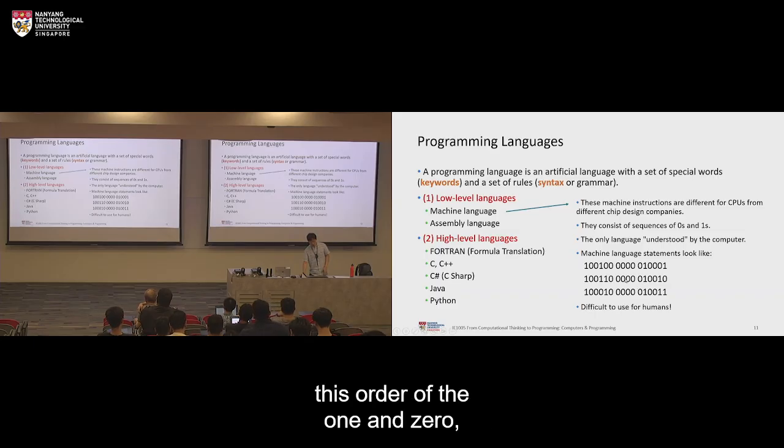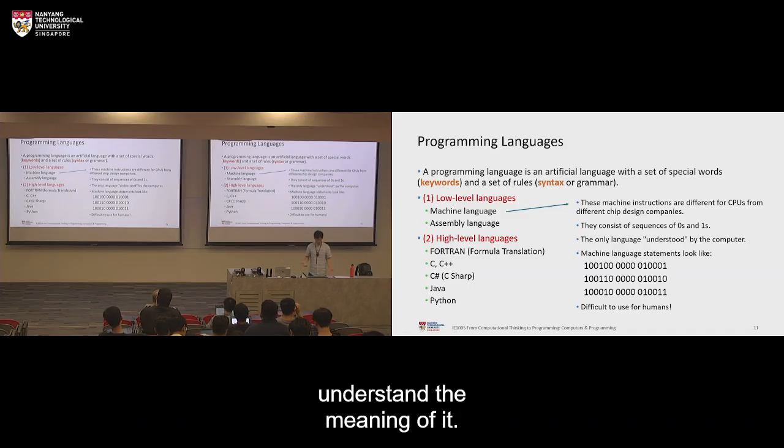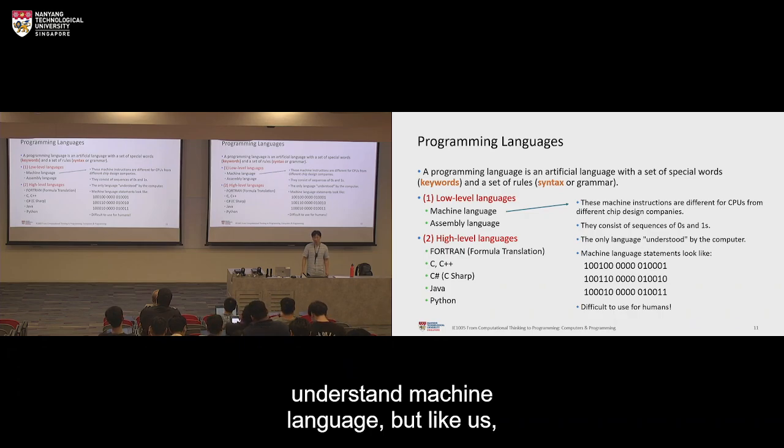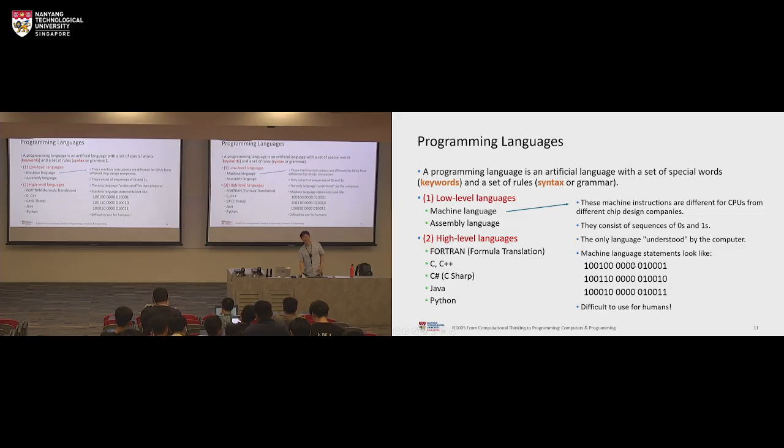Once you input this order of 1s and 0s, the computer can understand the meaning of it. But the problem is, the computer can understand machine language, but normal people like us cannot understand it. It's too complicated, right?